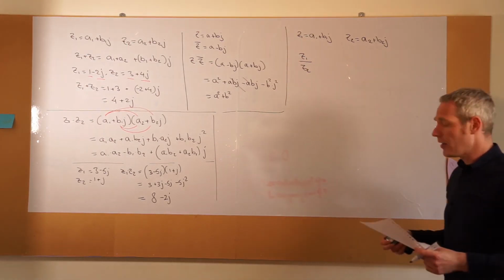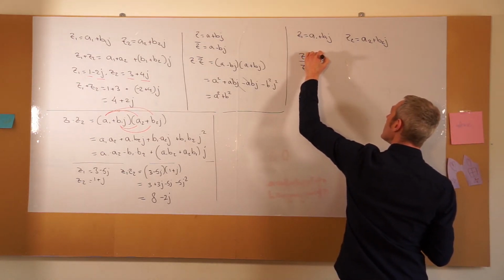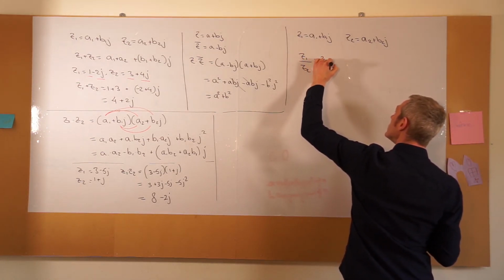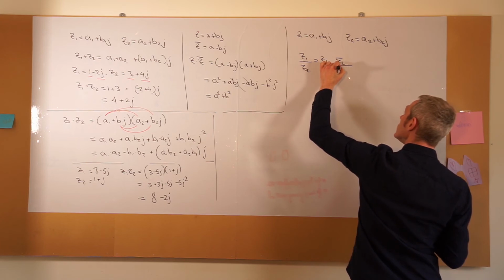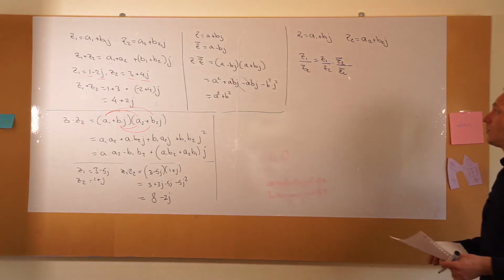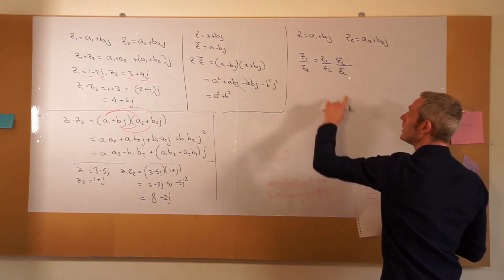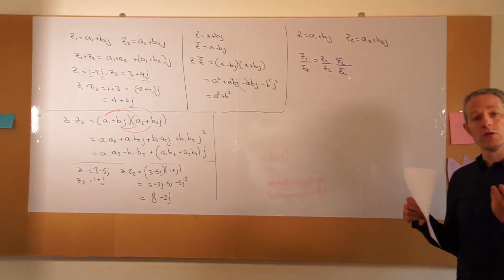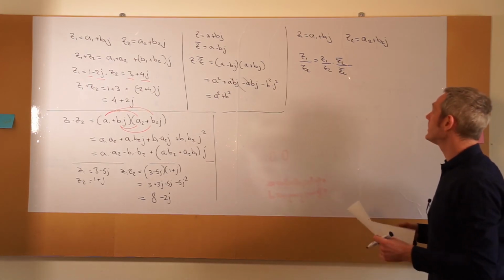Well, to do this, we have to perform a little trick. We multiply this fraction by 1, and we choose to write 1 as the complex conjugate of Z2 divided by the complex conjugate also of Z2. So what are we trying to achieve here? Well, Z2 is a complex number, and we do not want complex numbers in our denominator.